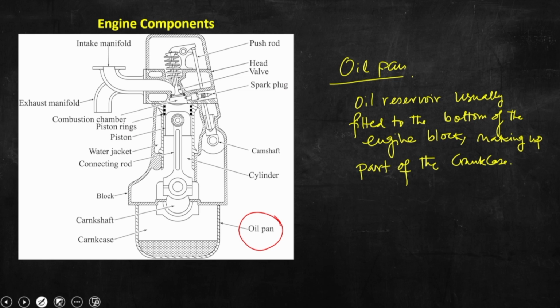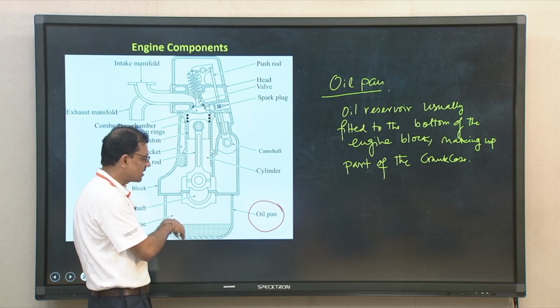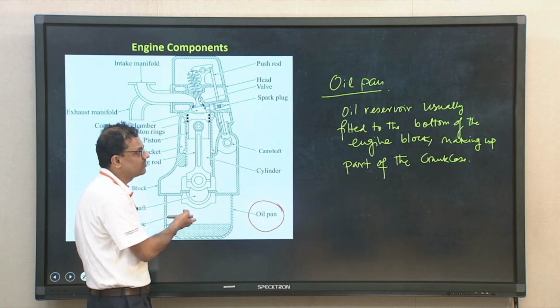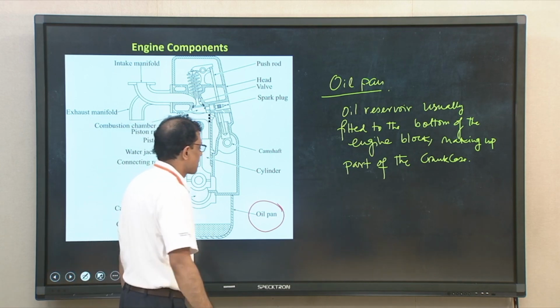So, the oil pan is an oil reservoir usually fitted to the bottom of the block, making up a part of the crankcase. And if you see the schematic, you will understand that it acts like a reservoir or oil sump.